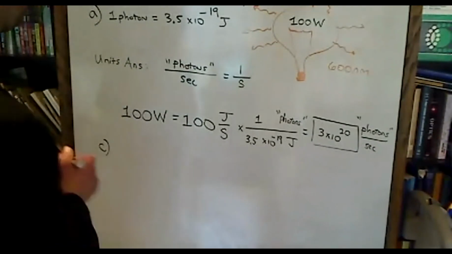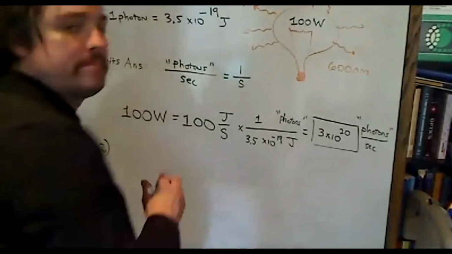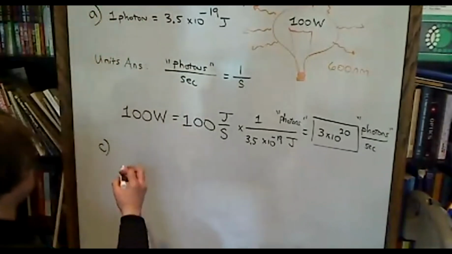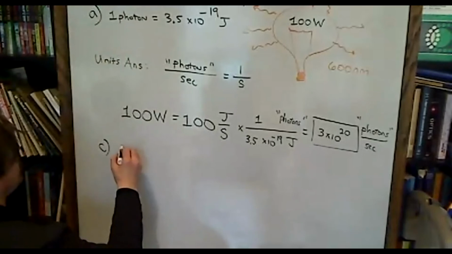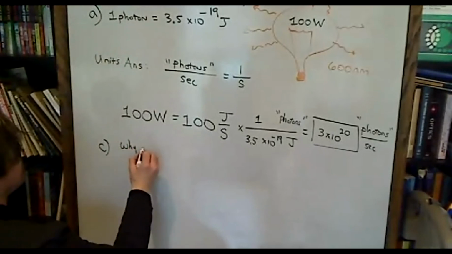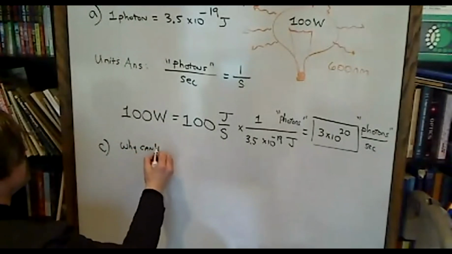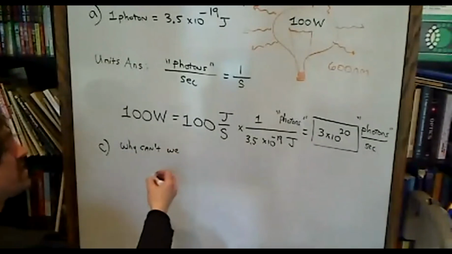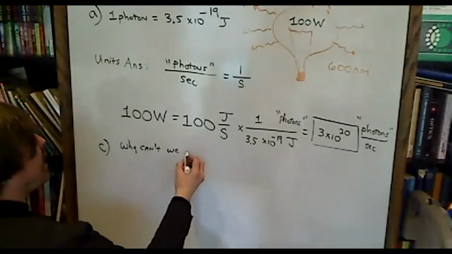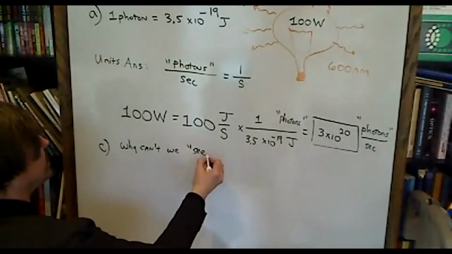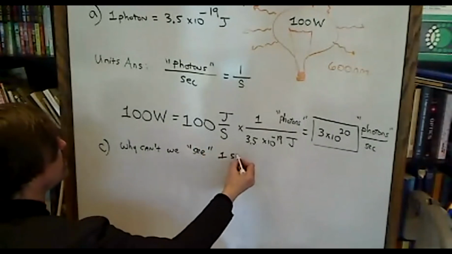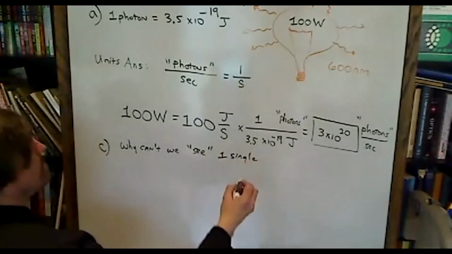Based on your answer to part B, explain why we don't notice the particle nature of light in our everyday lives. In other words, they're asking us, why can't we see one single orange photon?